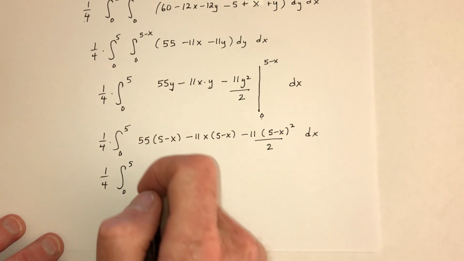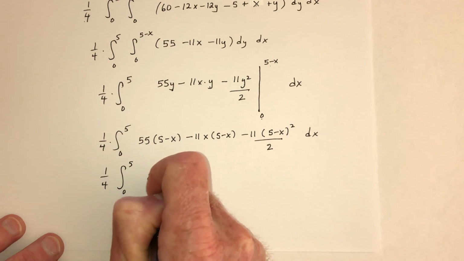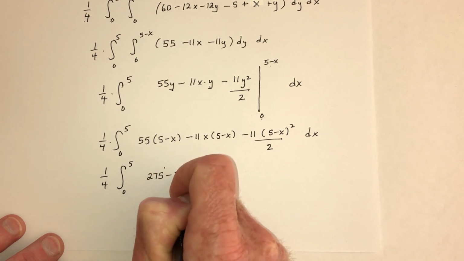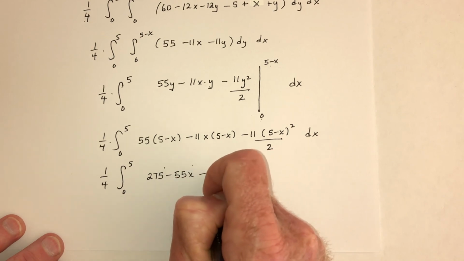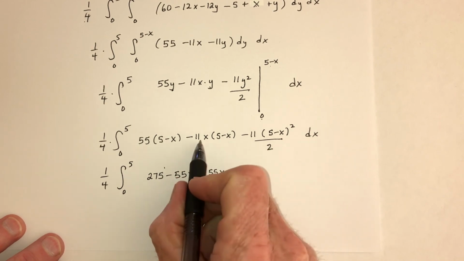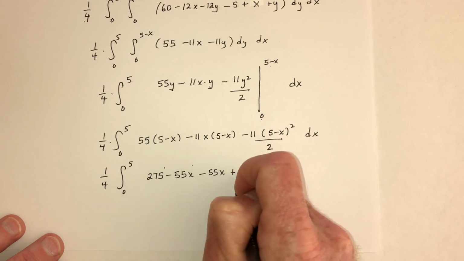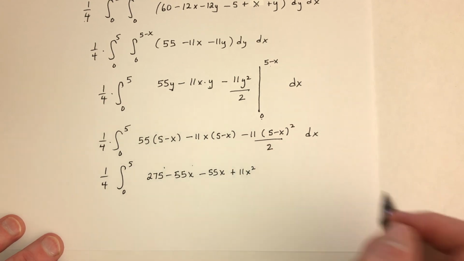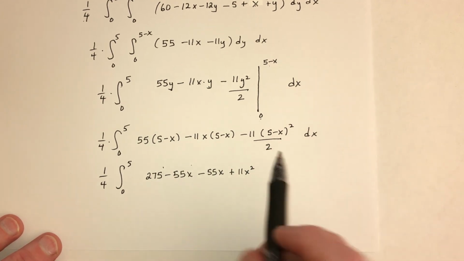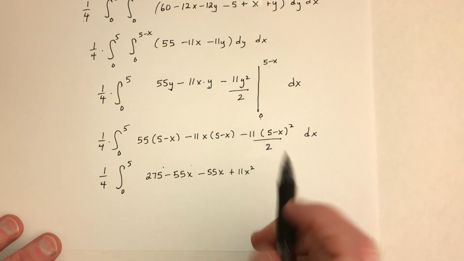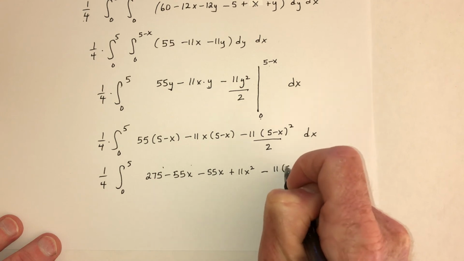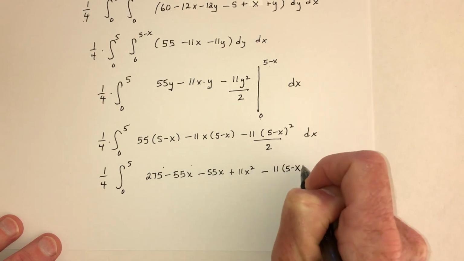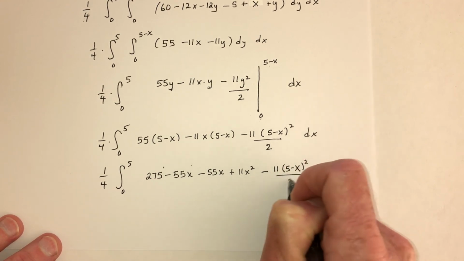So multiplying this out is going to be 275 minus 55x. And then this would be minus 55x. And then this would be plus 11x squared. And then this one, I think you've seen me do before that I'm not going to multiply out that square. I'm just going to integrate this one just as it is.